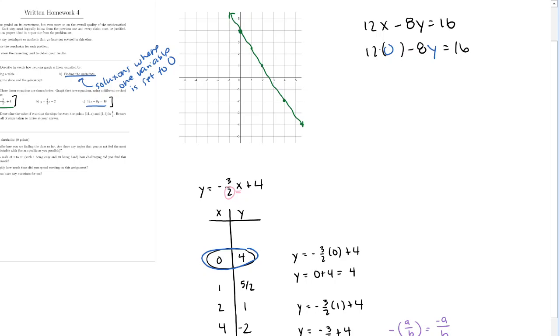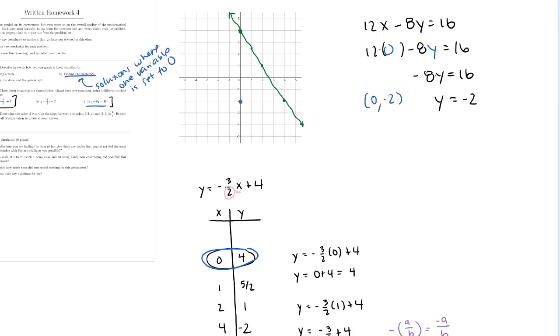So 12 times 0, that's 0. We've got minus 8y is thus equal to 16. Dividing both sides by negative 8, since negative 8 is being multiplied to y, gives us y is equal to negative 2 when x is 0. So we get one solution where x is 0, y is negative 2. I'm going to go ahead and plot that.